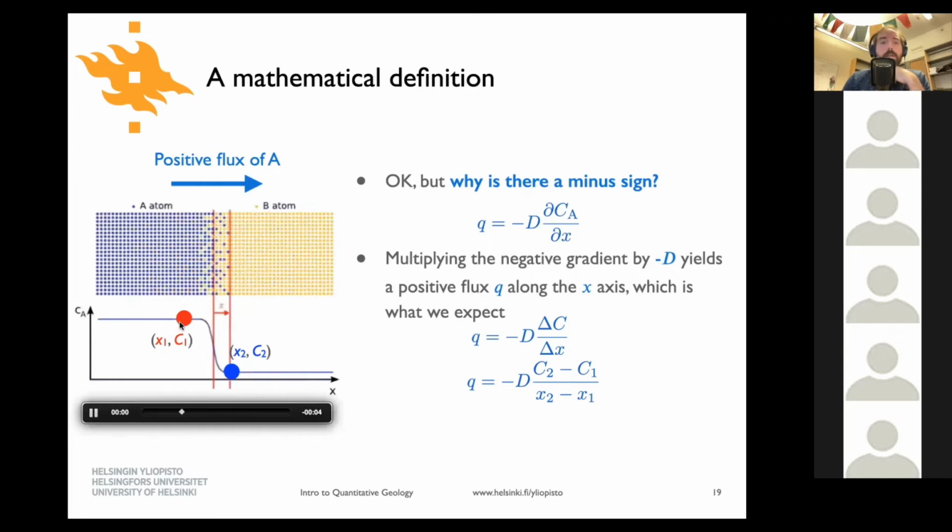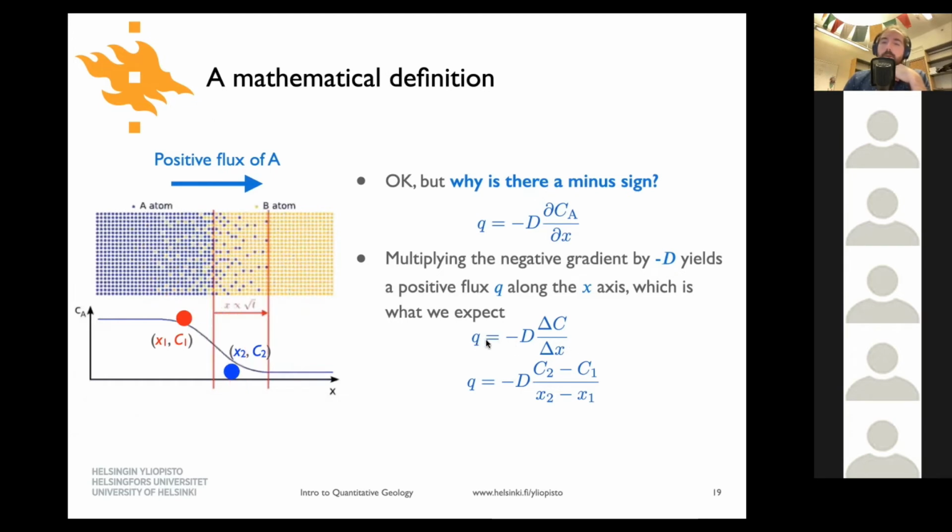But the point here is that if we look at these 2 points, X1 and X2, we can see the initial concentration of the atoms of A indicated with the different dots that are here. And if we were to take this and put it into our equation, what we see is that our equation would say that we have Q equals minus D times delta C over delta X, which is C2 minus C1 over X2 minus X1.